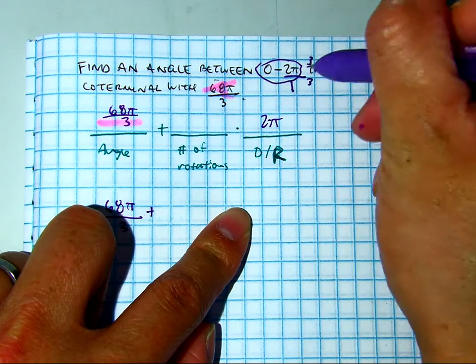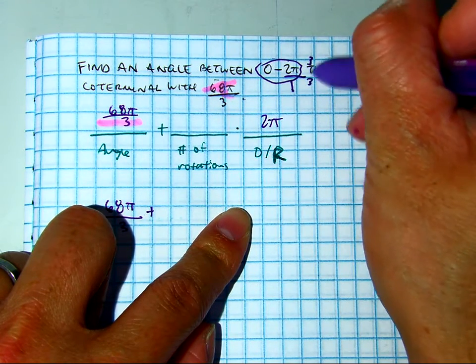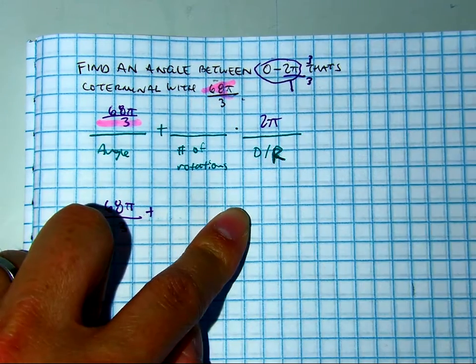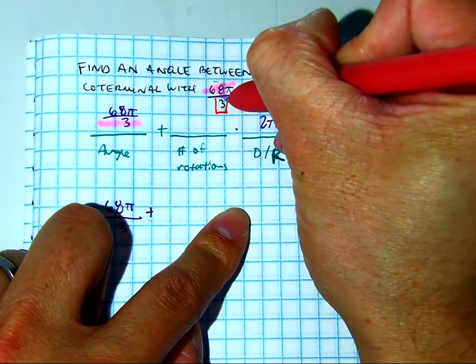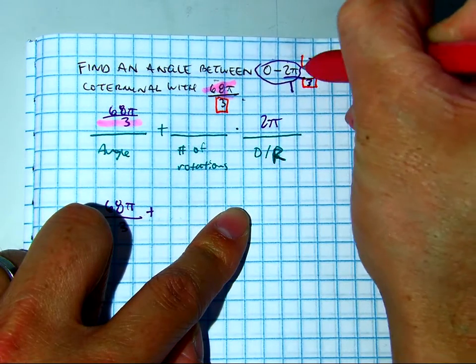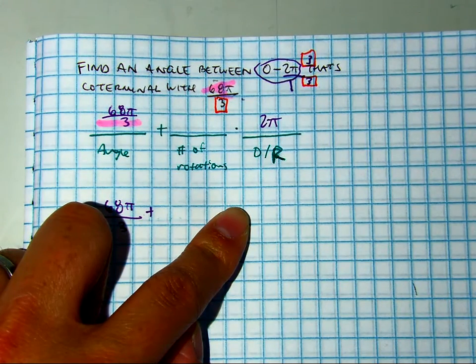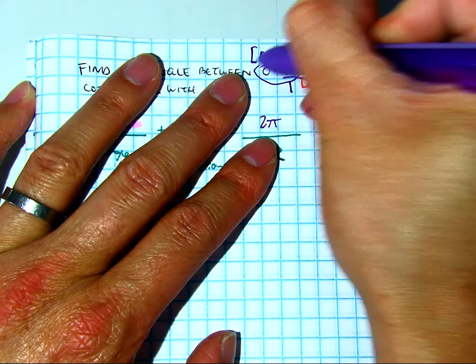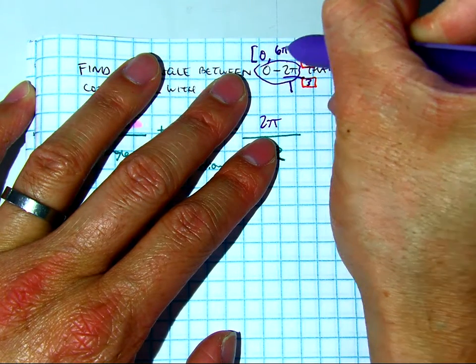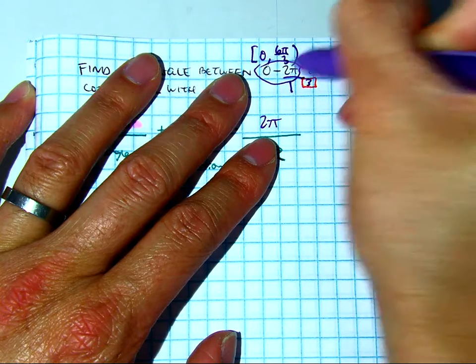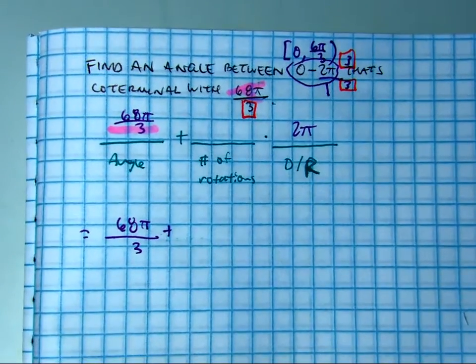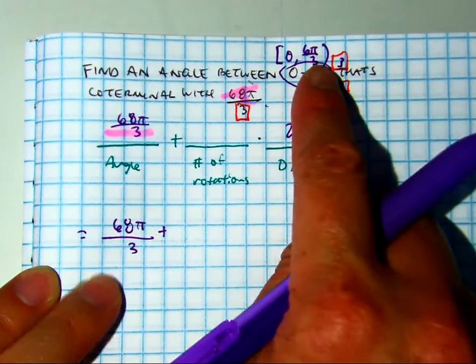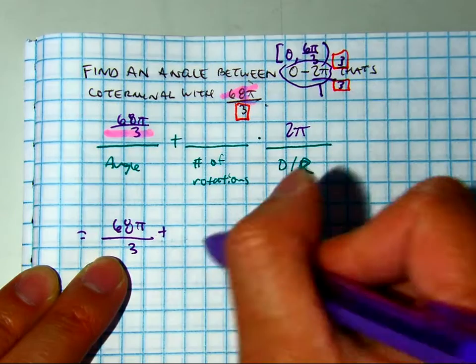So if you need a hint, just look at the denominator, right? And you basically get 0. Another way of writing this is 0 to 6 pi over 3. What does that mean? I want an answer between 0 and 6 pi over 3. So we need to think of a number, n, and then we need our number between this.